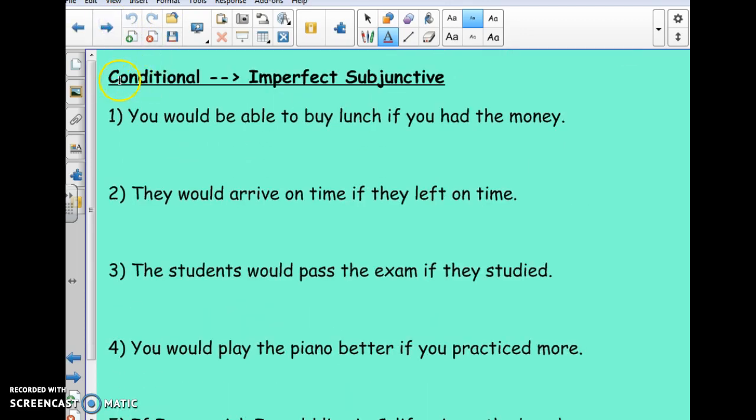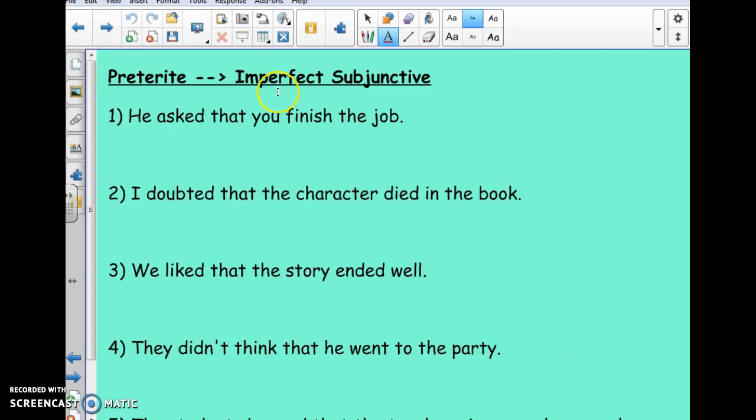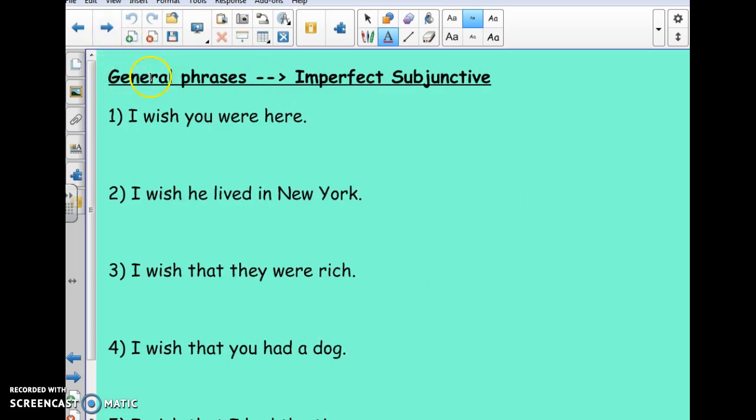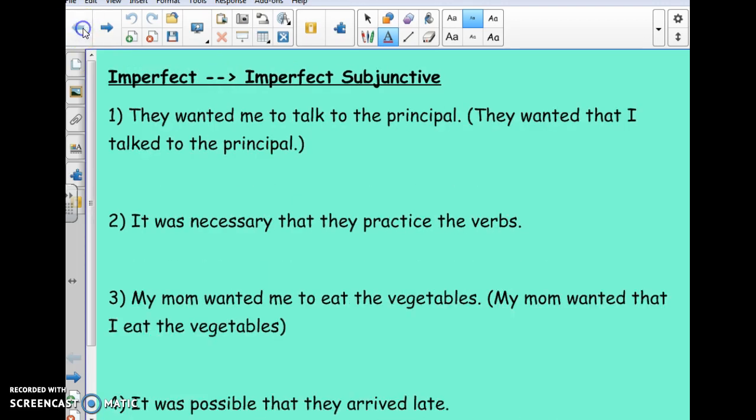The second section is going to start with the conditional and then use the imperfect subjunctive. Third is preterite and then imperfect subjunctive. And then the last part is general phrases, imperfect subjunctive. So I just have a different page for each section. Your pages are just divided in half, but it's the same sentences. So I'm just going to show you an example of each one so that you can practice on your own.